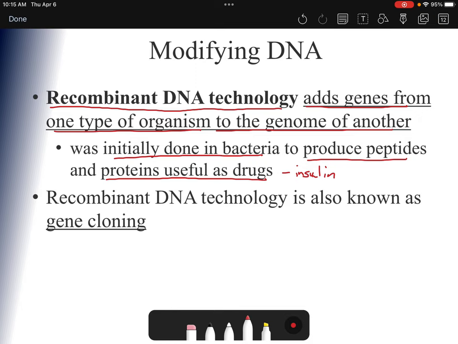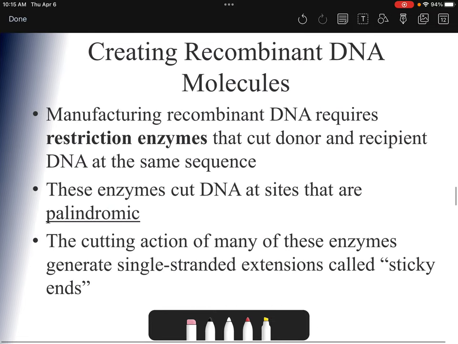So it's nice now that we can have bacteria mass produce human insulin, because we've inserted the human gene for insulin into the bacterium. Sometimes recombinant DNA technology is known as gene cloning, so you might hear that as well.